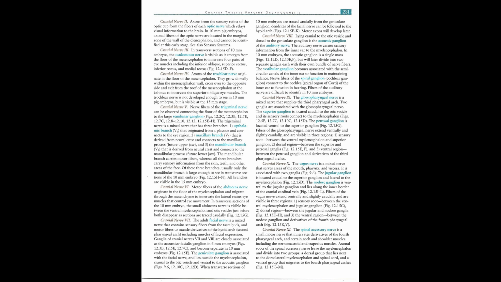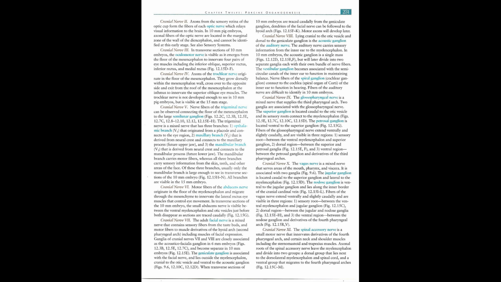Cranial nerve II. Axons from the sensory retina of the optic cup form the fibers of each optic nerve which relays visual information to the brain. In 10 mm pig embryos, axonal fibers of the optic nerve are located in the marginal zone of the wall of the diencephalon, and cannot be identified at this early stage. See also sensory systems.